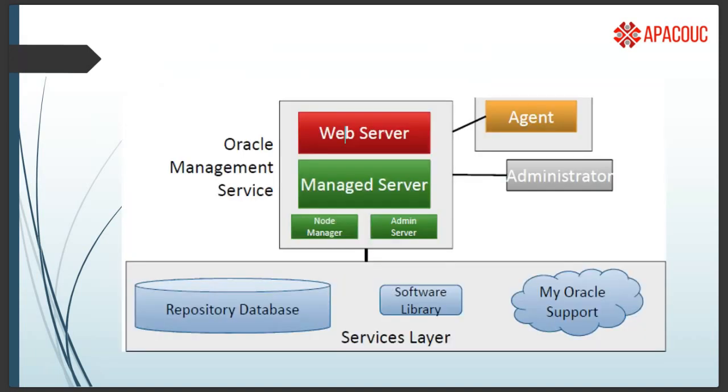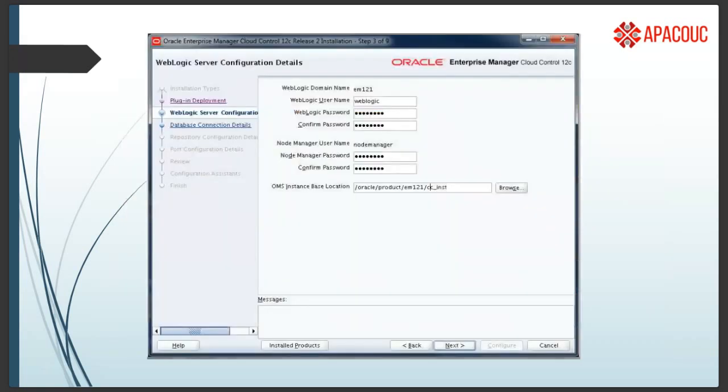This is, as you see, the Enterprise Manager Cloud architecture. We have a web server, managed server. The agent will be deployed on the desired server, and it's connected to the different database. In the Enterprise Manager Cloud, we have this screen to configure the WebLogic.